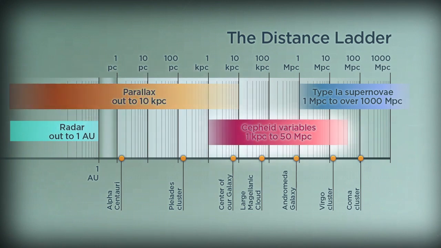From there, we rely on standard candles, Cepheid variables. We measure their pulsation periods, deduce their luminosities, and use the flux-luminosity relation to get the distance. And that works out to around 50 megaparsecs. That's a nice chunk of the universe. It contains hundreds of thousands of galaxies.